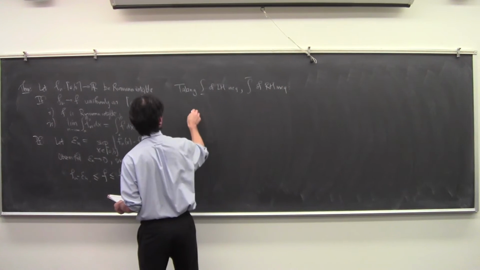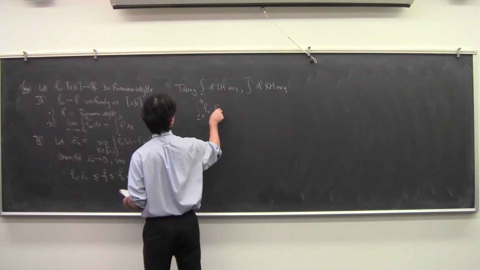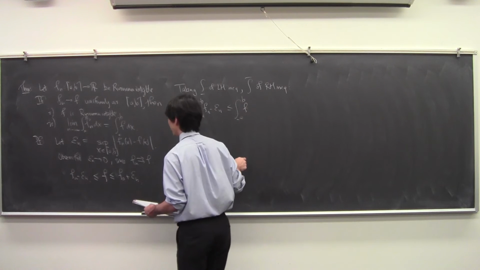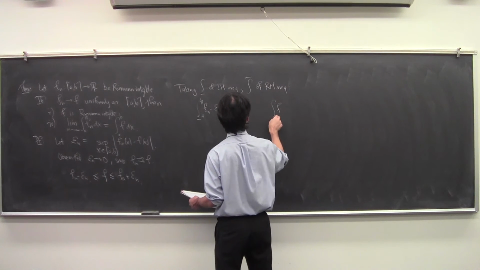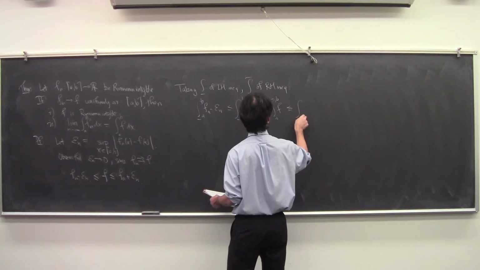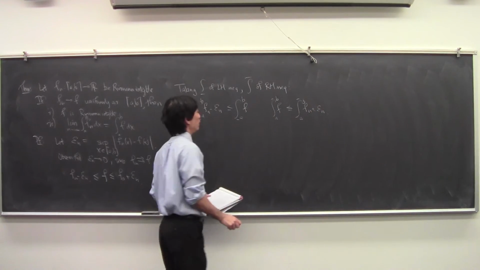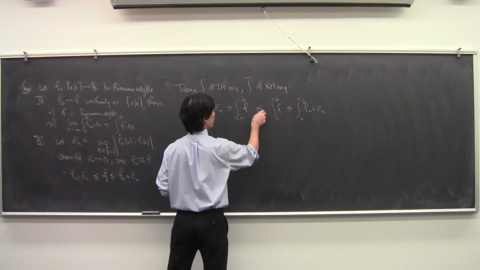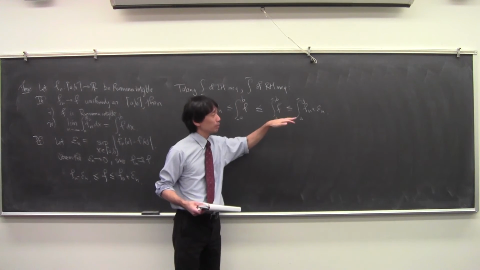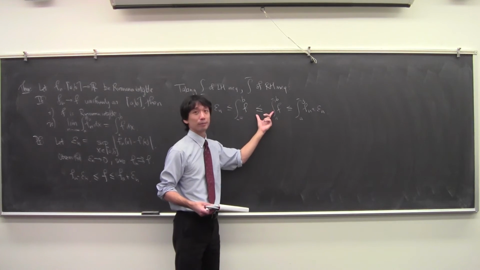What we get is that the lower integral of f_n minus epsilon n is less than or equal to the lower integral of f. And we get that the upper integral of f is less than or equal to the upper integral of f_n plus epsilon n. And we know from the theorem, the conclusion of our introduction to the Riemann integral, that the lower integral is less than or equal to the upper integral.